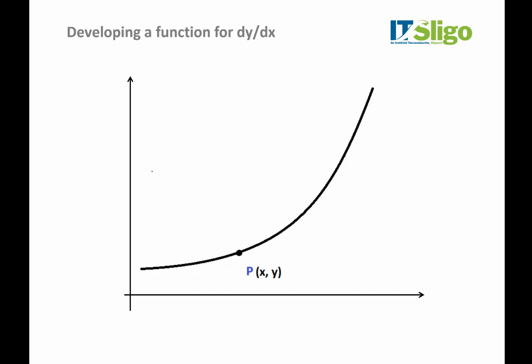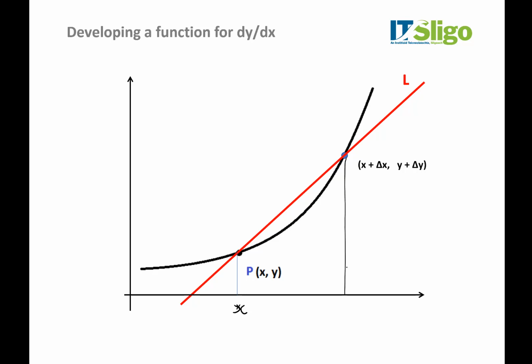Now, the next bit is just a more formal rendition of this. Here's our point of interest, the new point. And now if we write these so that this is x down here, and this point down here is going to be x plus delta x.